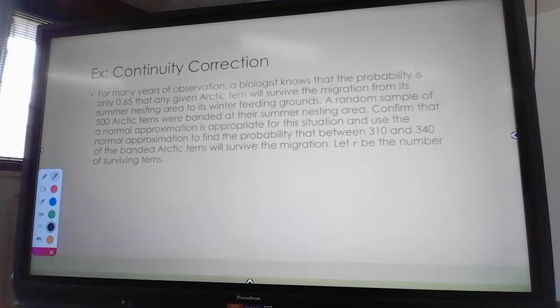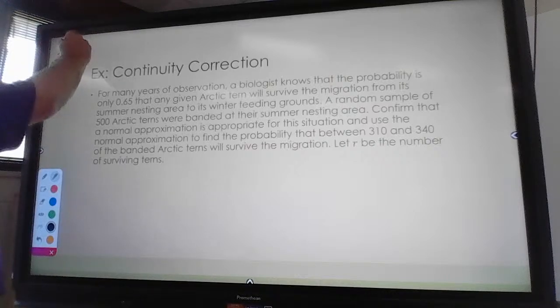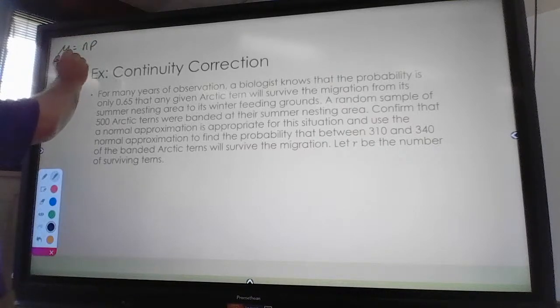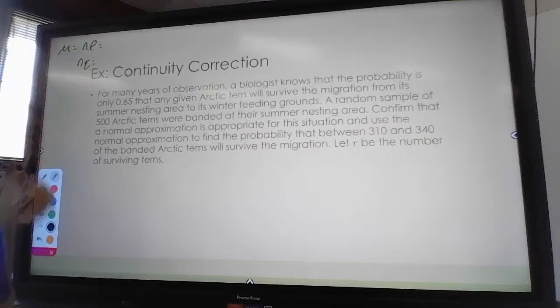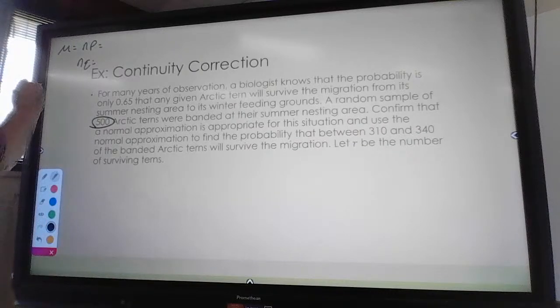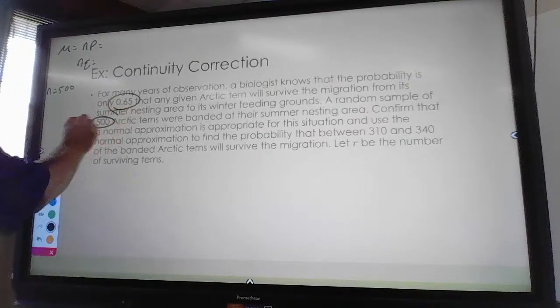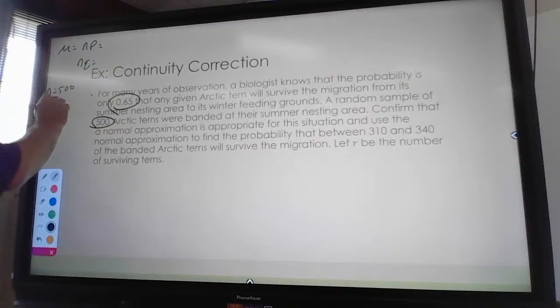So let's first confirm that the normal approximation is appropriate. We need to find np and nq and make sure that they're both larger than 5. What's our n? What's our sample? 500. So n is 500. What's our value of p? 0.65. What's our value of q? 0.35.